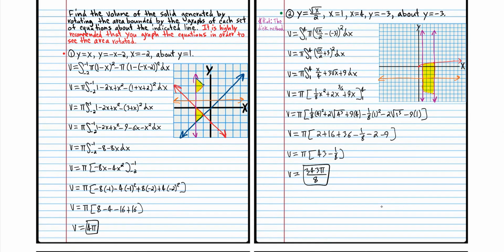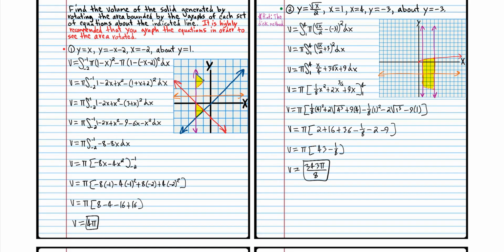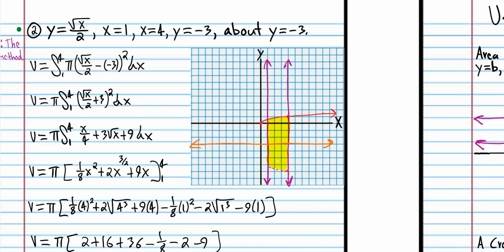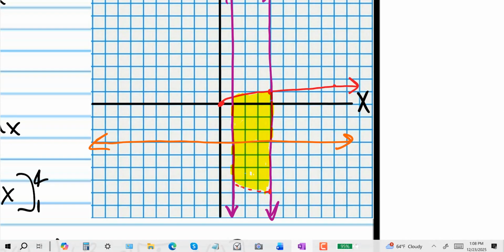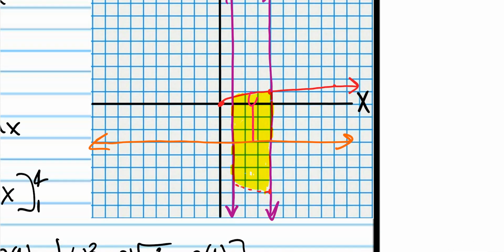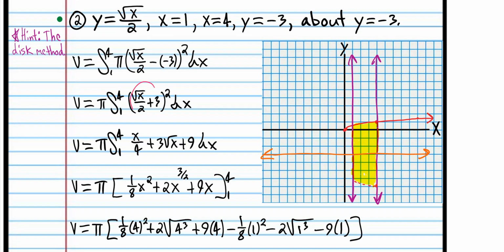So I want you to get a picture of numbers 1 and 2. Again, this blue expression here is the hardest part of the problem. It's not easy for students to see why exactly that's the radius of each one of these disks. So if you look at this disk here, the radius, which is this length plus this length, is actually root x over 2 plus 3.